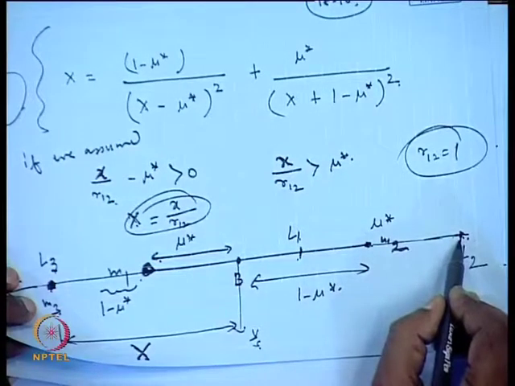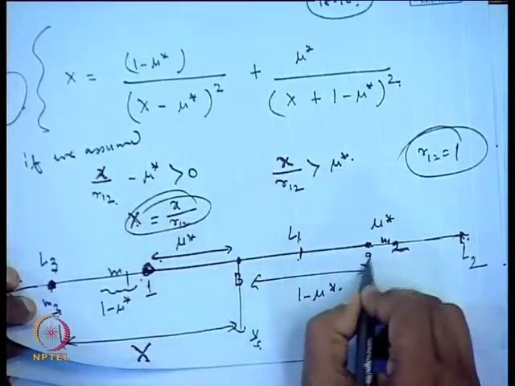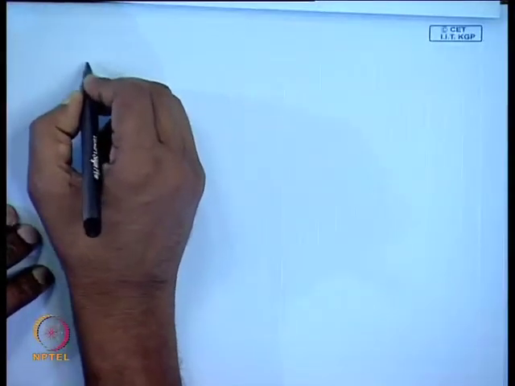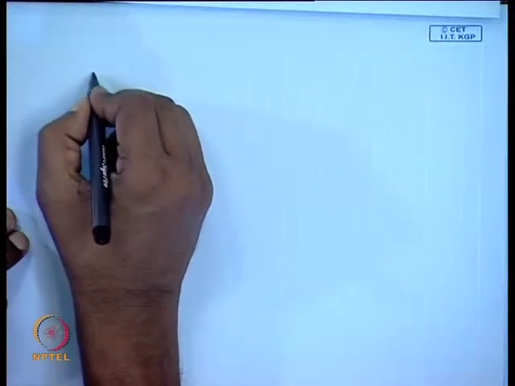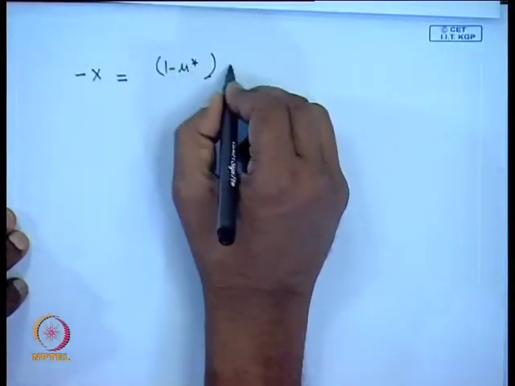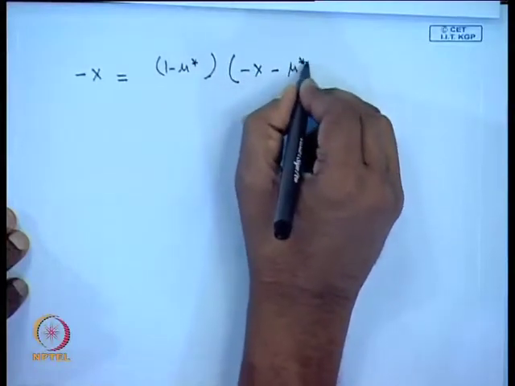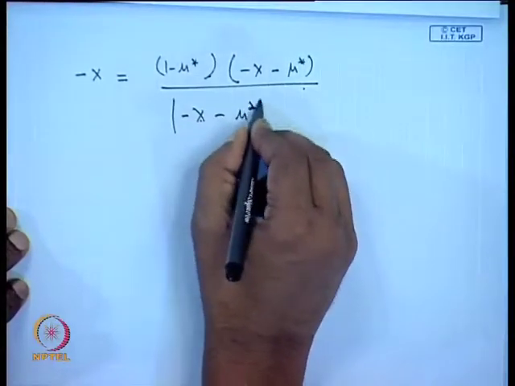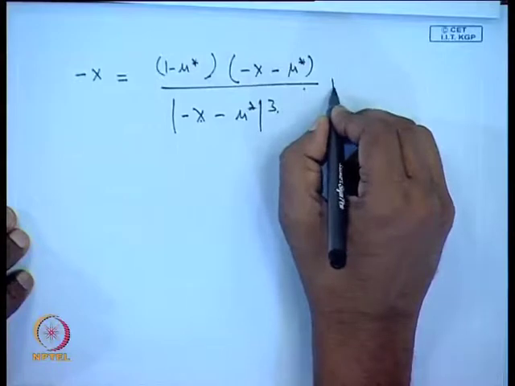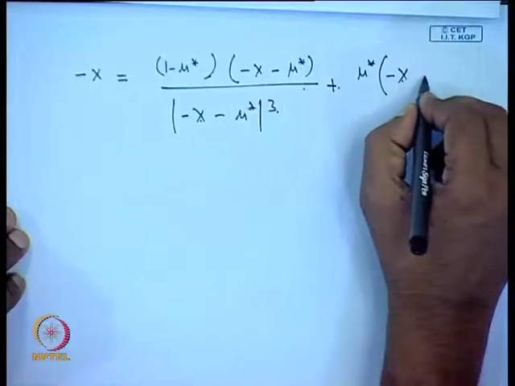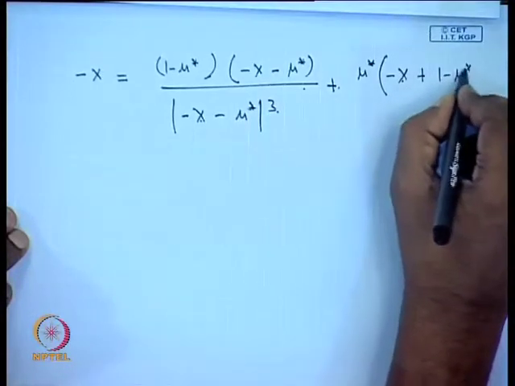So, if the point is lying right of this, the same thing can be written as, x by r 1 2 we have written as capital X, so this becomes minus x equal to 1 minus mu star times minus x minus mu star divided by minus x minus mu star whole cube plus mu star times minus x plus 1 minus mu star.